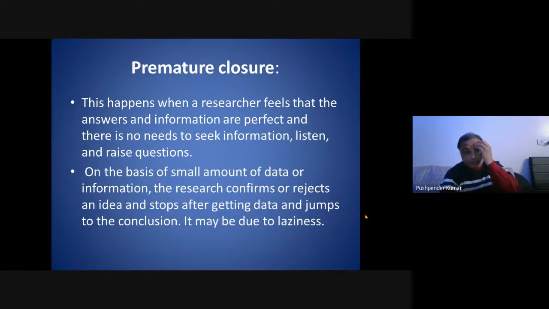Talk to people, listen to people, and I have my own understanding. But in many cases you need to figure out more, because it's very small information you have. So on the basis of a small amount of data, the researcher confirms or rejects an idea, stops after getting data and jumps to the conclusion.